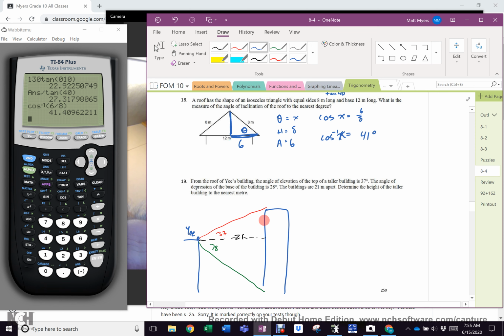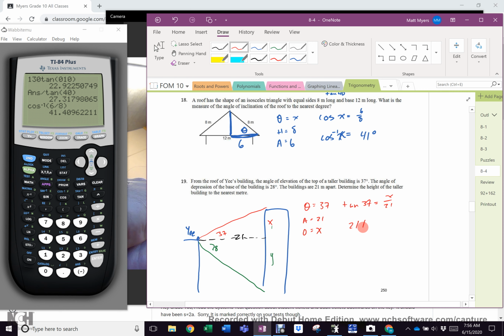So over here, I have a red x and I have a green y, because the answer is going to be x plus y. So we work with x first. Theta equals 37. Adjacent equals 21. Opposite equals x. Tan 37, because that uses O and A, equals x over 21.